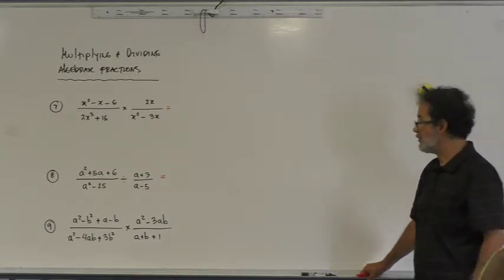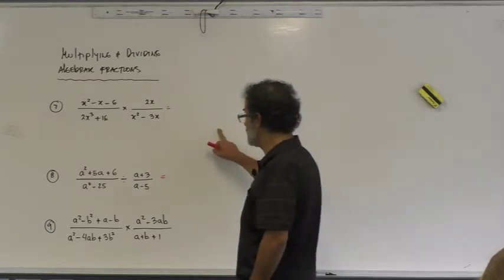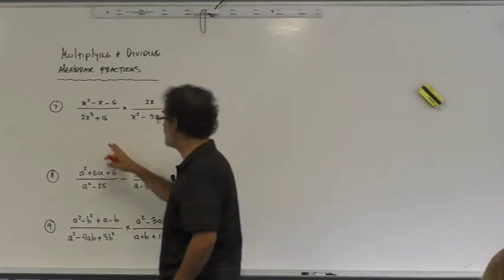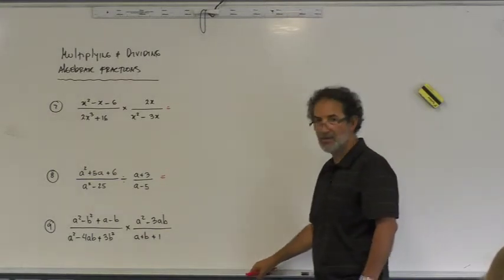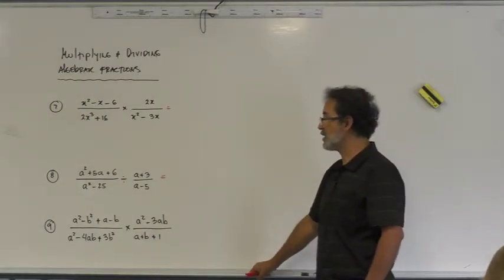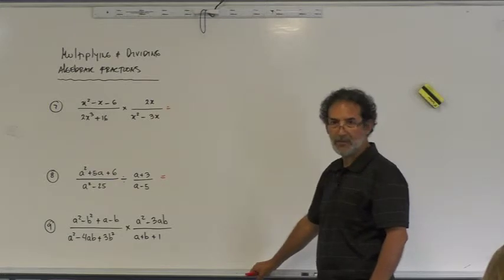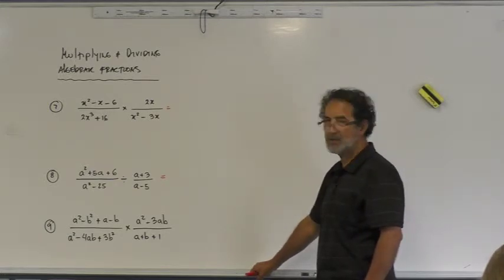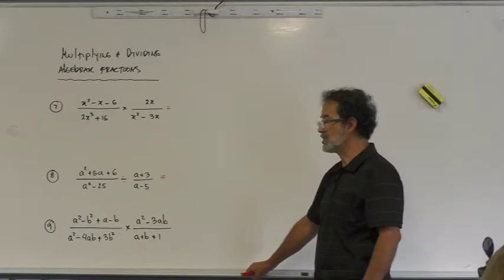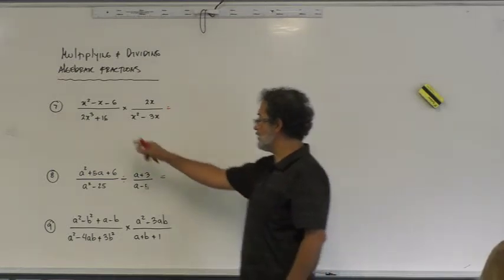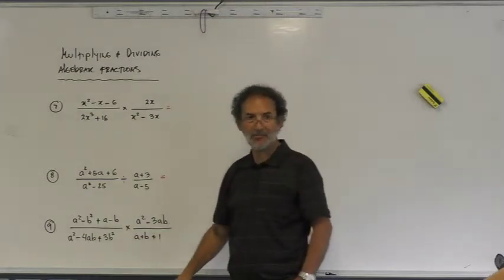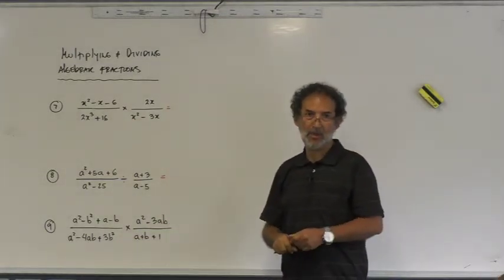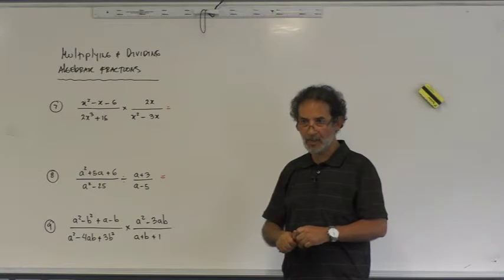Okay, question 7. In question 7, first thing that you have to do is to see whether you can factorize. So we have two fractions, and we need to look at the numerator of the first fraction and identify what sort of expression that is. If you look carefully, this is x squared minus x minus 6, a trinomial. Are you happy with that? Okay, trinomial.